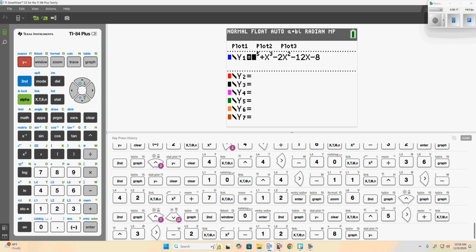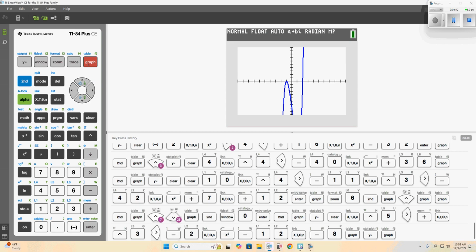The button above the division gives you the ability to type an exponent in. Then you have to use the arrow key over. It's also on your paper. So is everybody able to get this typed in? And when we hit graph, did everybody get something that looks like this?